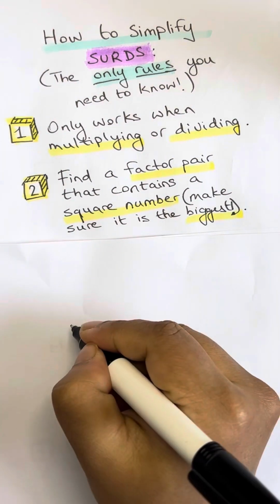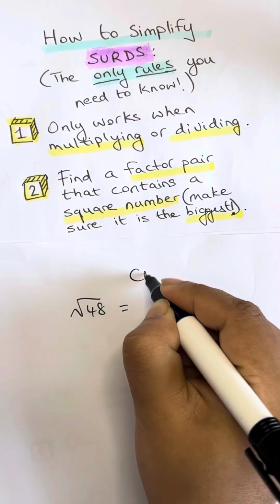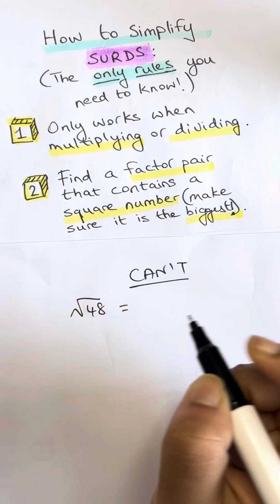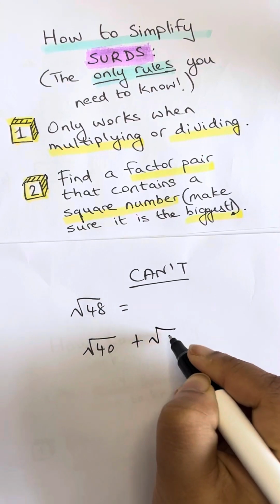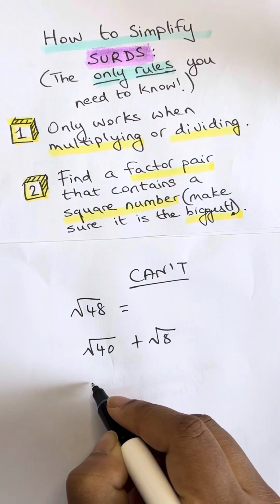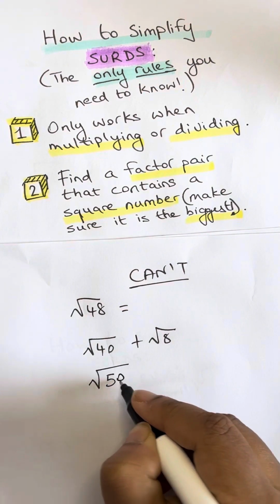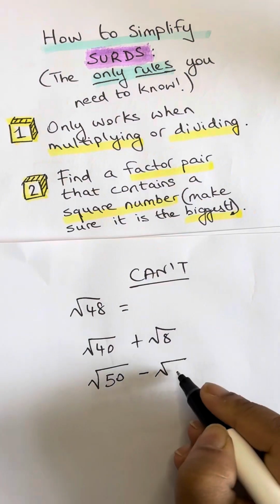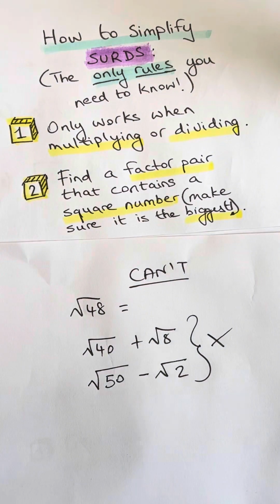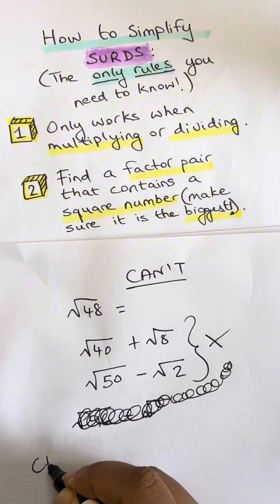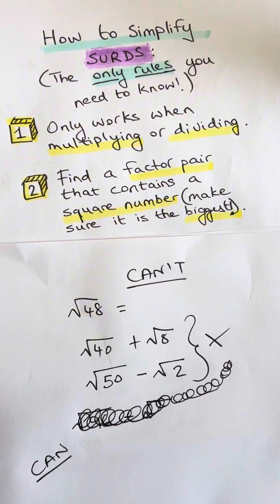So root 48 can't be written as square root of 40 plus square root of 8, or as square root of 50 take away root 2. Addition and subtraction you can't use, but you can write it with a division.